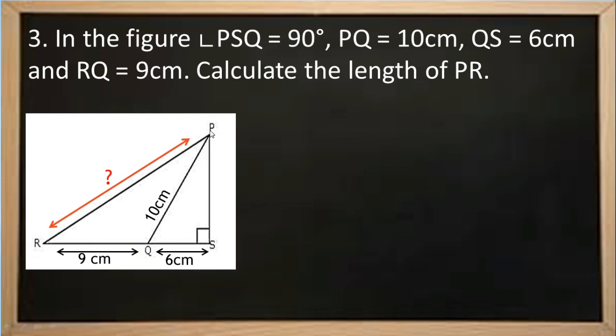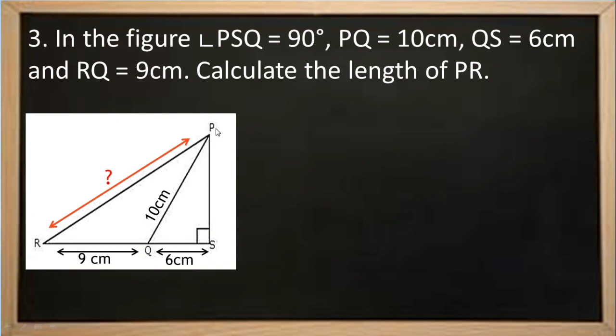One is PQS, here PQ is 10 centimeters, QS is 6 centimeters, as angle S is 90 degrees. So Pythagoras theorem can be applied for triangle PQS. And in the second step, we can consider the triangle PRS, and as in the first step, we can know what is PS. That value can be used to calculate PR in the second step.